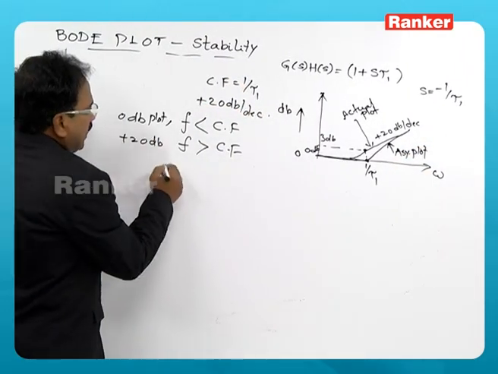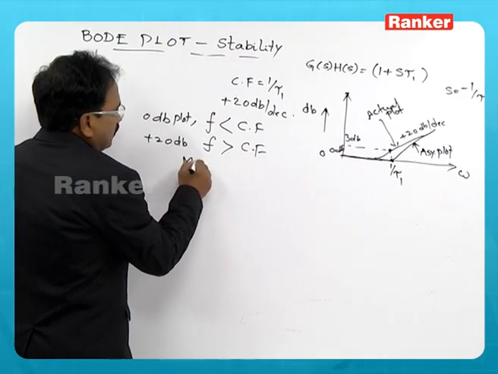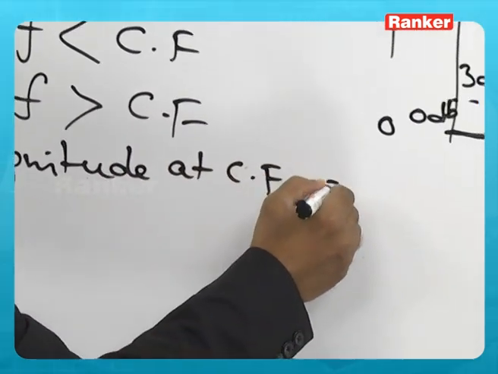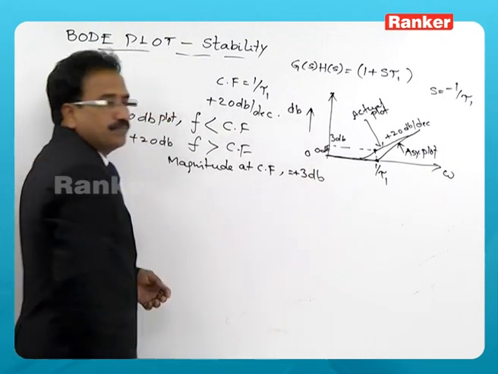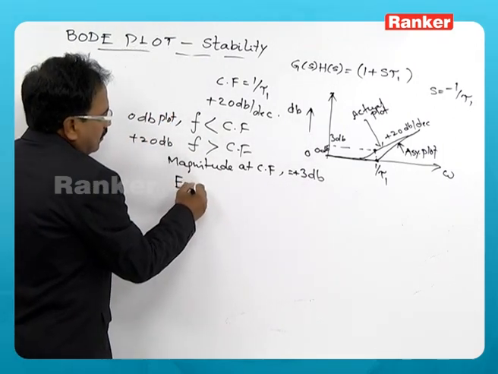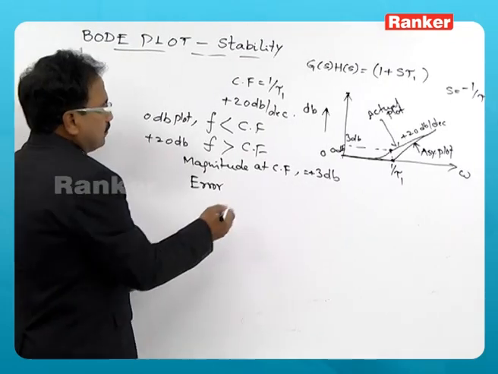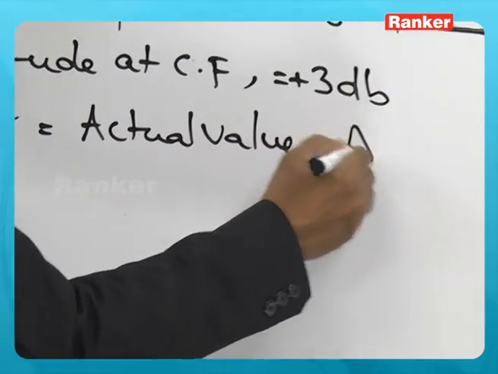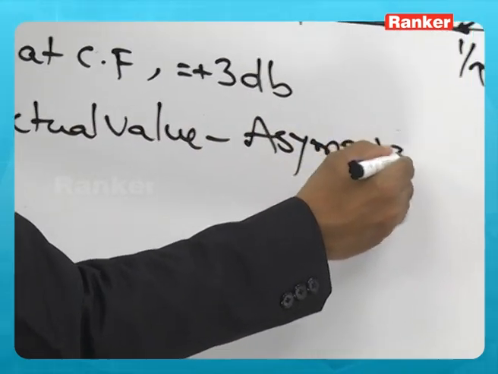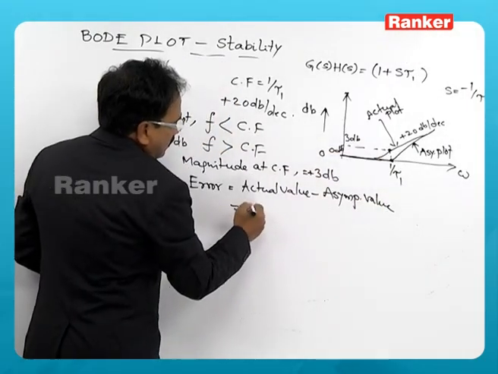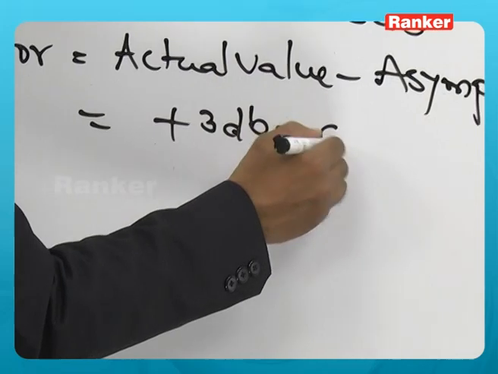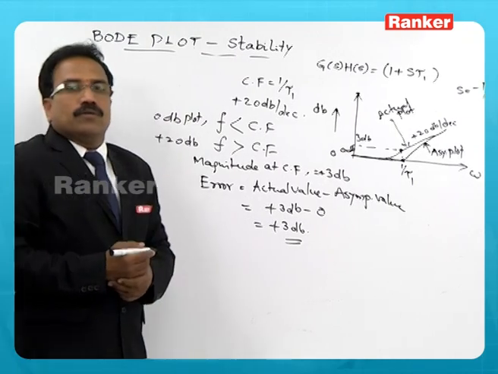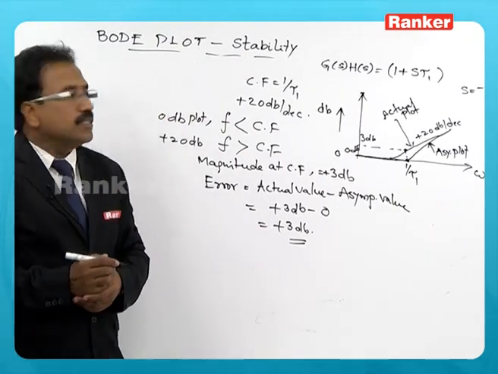So, the magnitude at the corner frequency for a 0 is plus 3 dB. So, the error, if it is a 0, is the actual value minus the asymptotic value, so it is plus 3 dB minus 0, so it maintains plus 3 dB for the 0 at a non origin location.